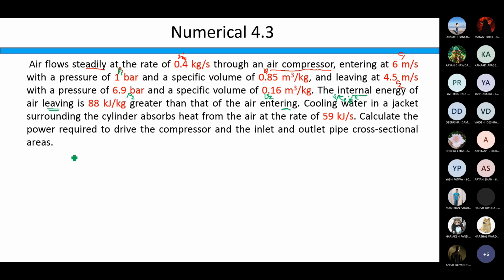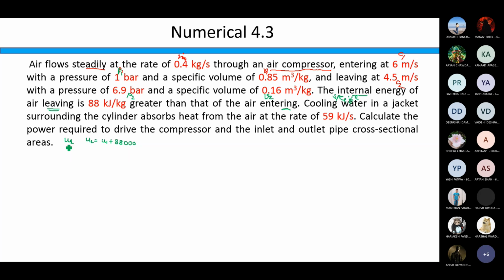So if I say the specific internal energy of the fluid entering is small u1, then u2 is the specific internal energy of the leaving fluid. So this is equal to u1 plus this 88. Now, if I am using this in joule per kg, I will write 88,000.